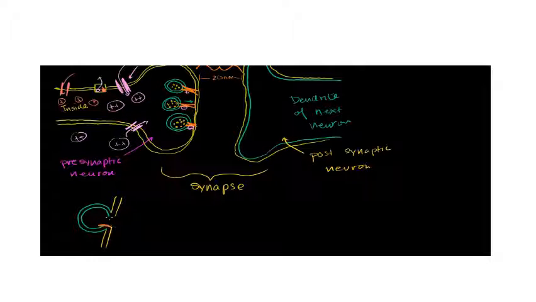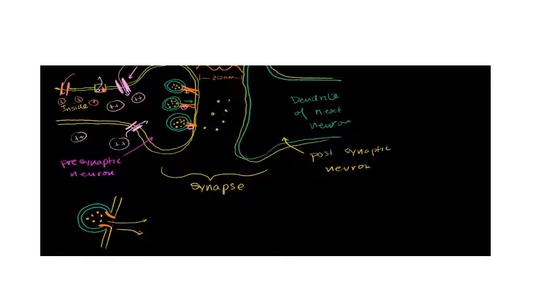Your snare proteins have essentially pulled the things together and have pulled them apart so that these two membranes merge. And then the main side effect, the reason why all of this is happening, is that it allows those neurotransmitters to be dumped into the synaptic cleft. So those neurotransmitters that were inside of our vesicle then get dumped into the synaptic cleft.